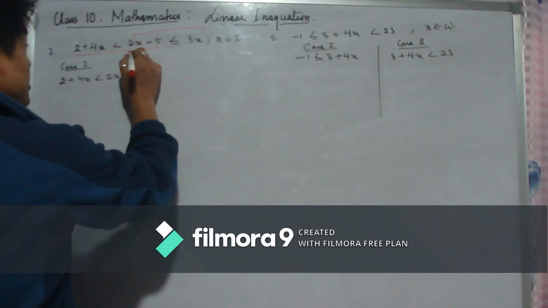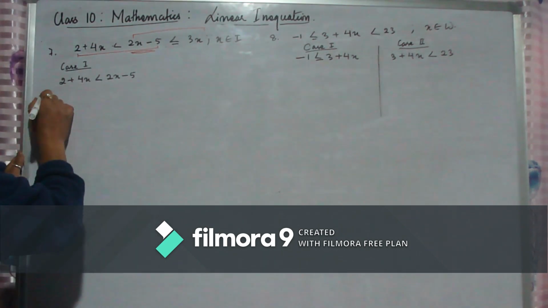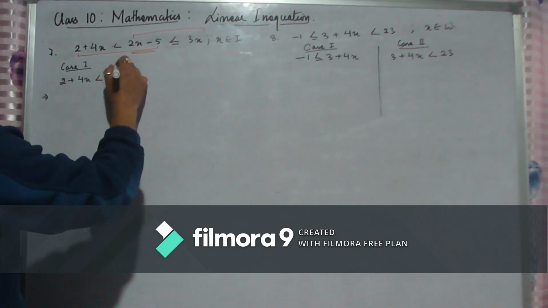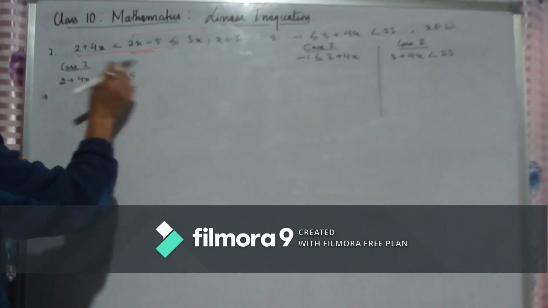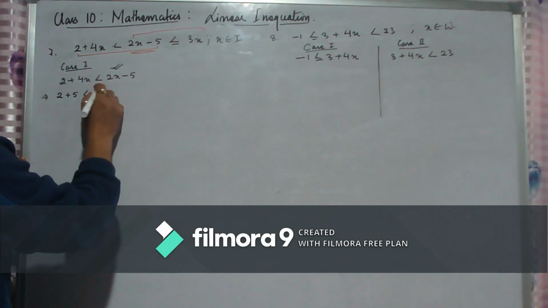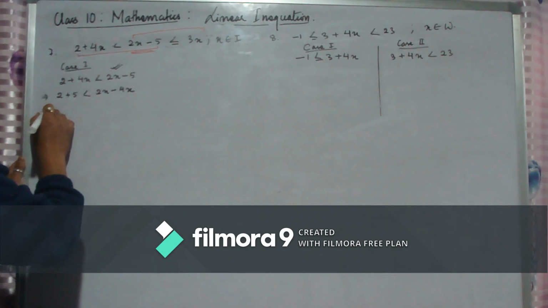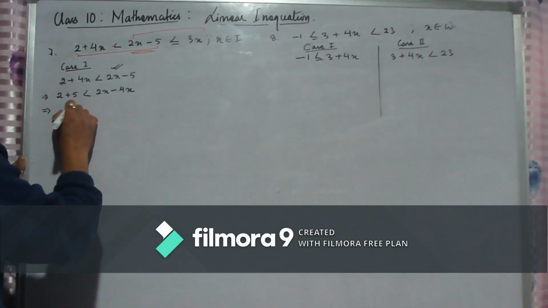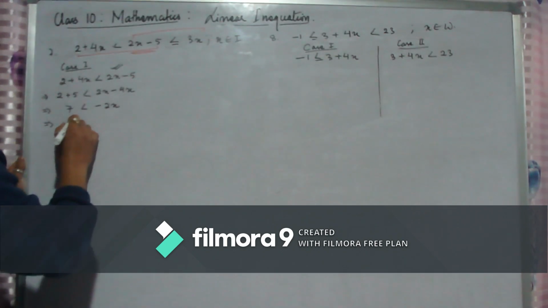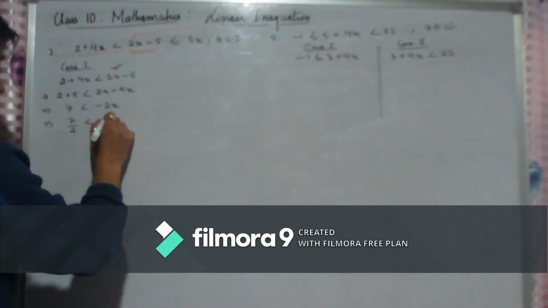So we'll try to keep the variable on this side and bring the constant to the other side. 2 minus becomes plus 5 is less than 2x, plus becomes minus 4x. Here 2 plus 5 is 7 is less than minus 2x. Here 7 by 2 is less than minus x.